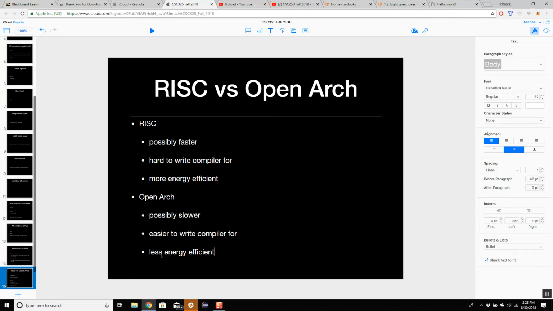So now all your applications that used to work don't work anymore with the new Mac you just bought, because they were compiled for PowerPC, a reduced instruction set processor, where now you have an open architecture Intel processor. So then there was a whole wait for all the applications to be ported over to Intel. But it worked out for Apple. You had a company that was right on the line of failing.